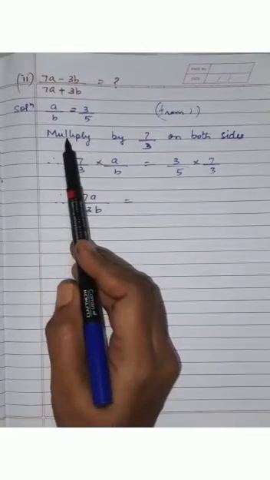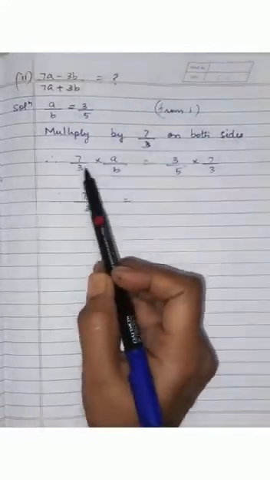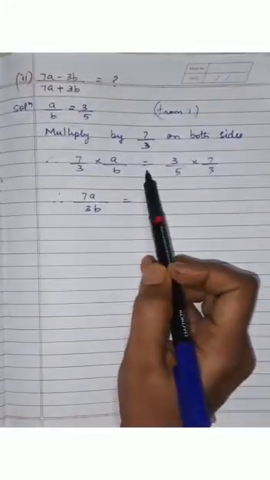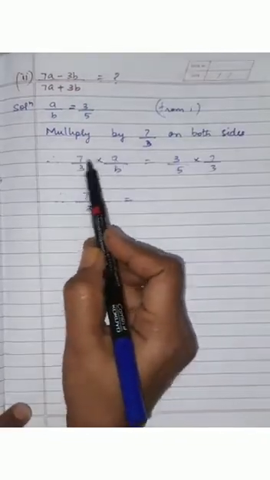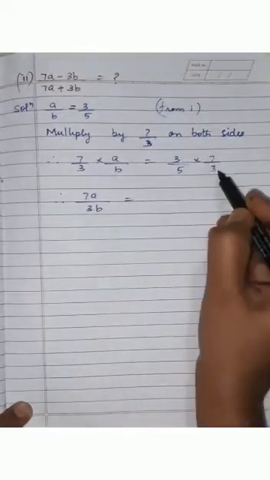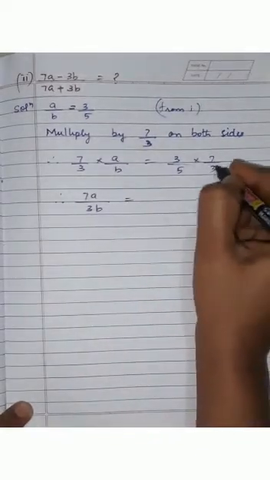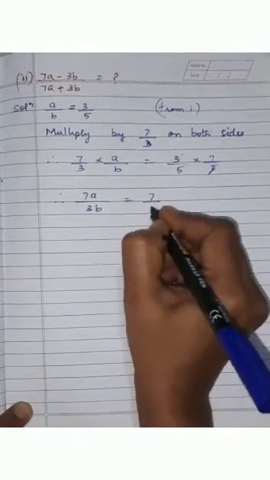So we write multiplying by 7/3 on both sides. Therefore we get 7a/3b, and the 3 and 3 cancel, so we get 7/5.